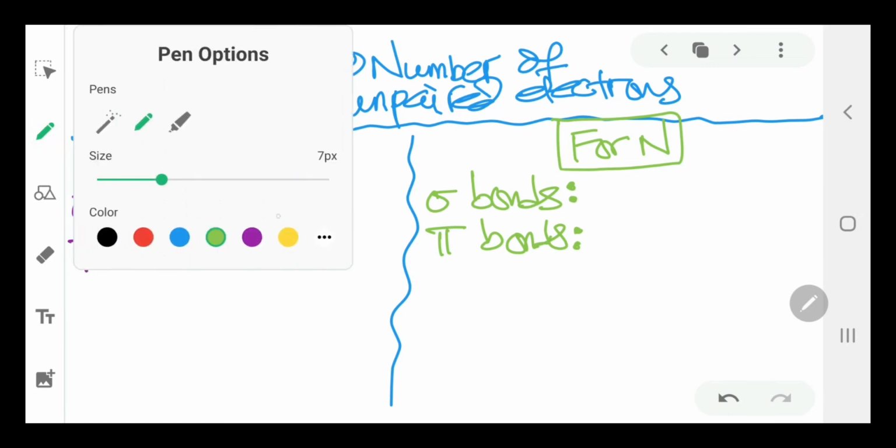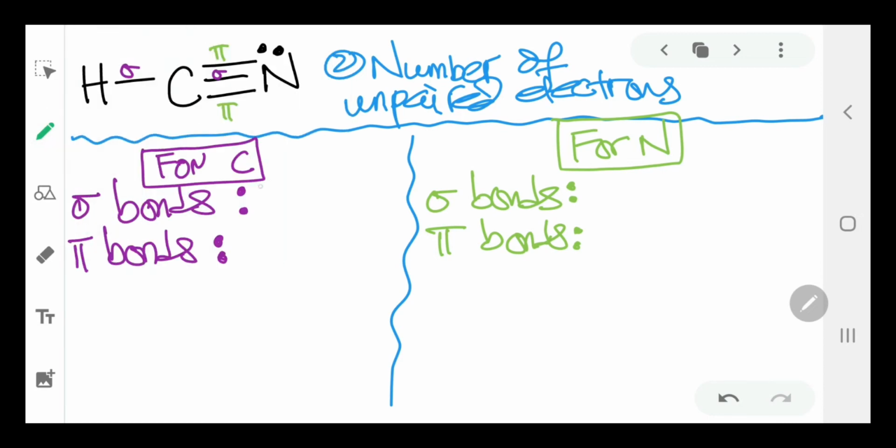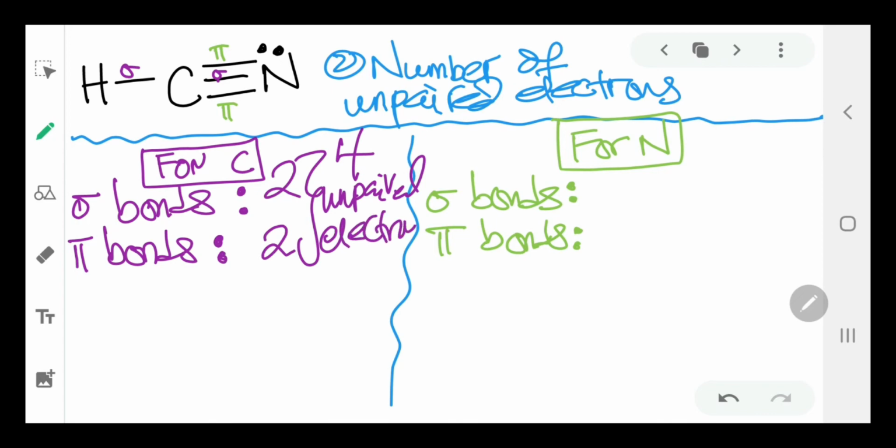For carbon, carbon has 1, 2 sigma bonds and 1, 2 pi bonds. Here you have 4 unpaired electrons.